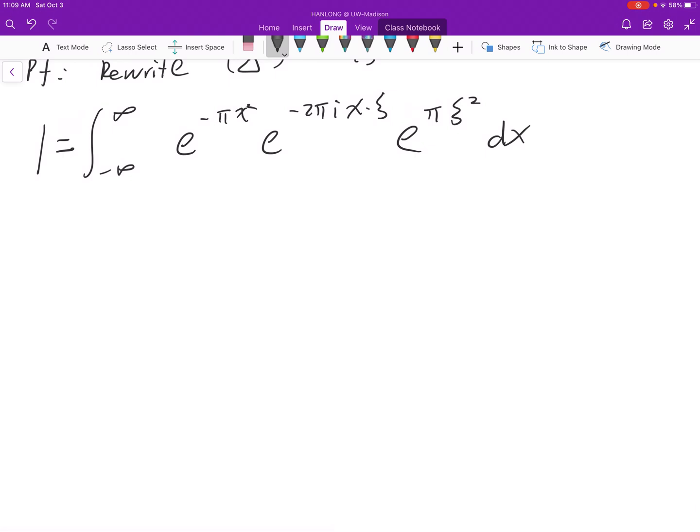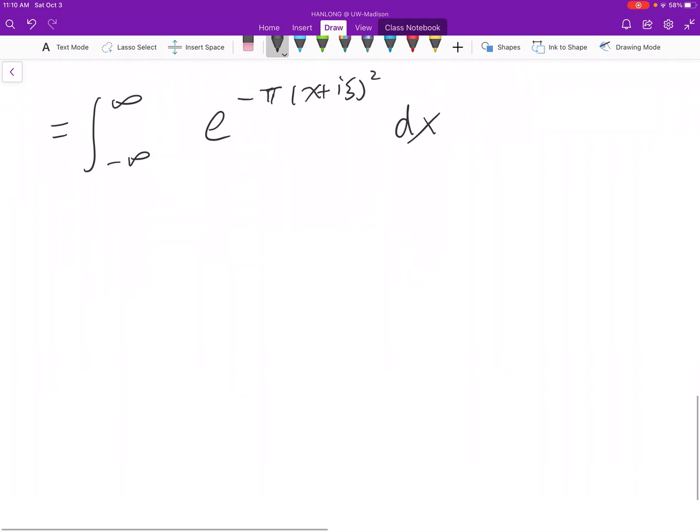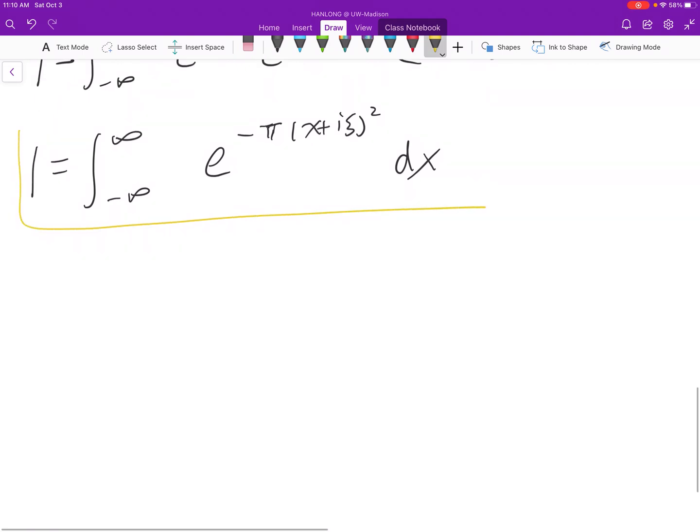The reason we do this is because then we can complete squares in the exponent, which is exactly the integral of exponential negative pi (x plus i c) squared. The integration is with respect to x. So this is what we want to show in the following.